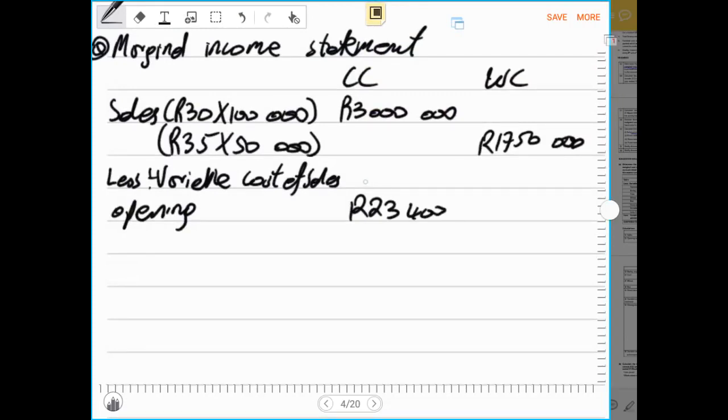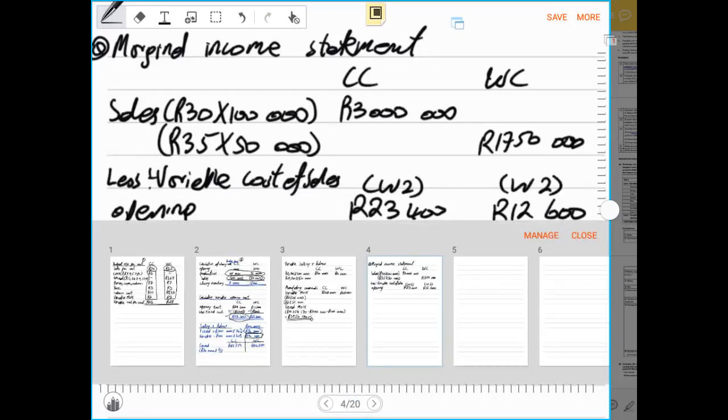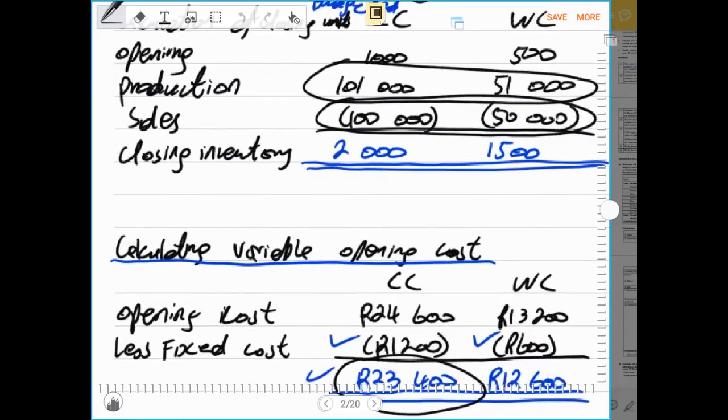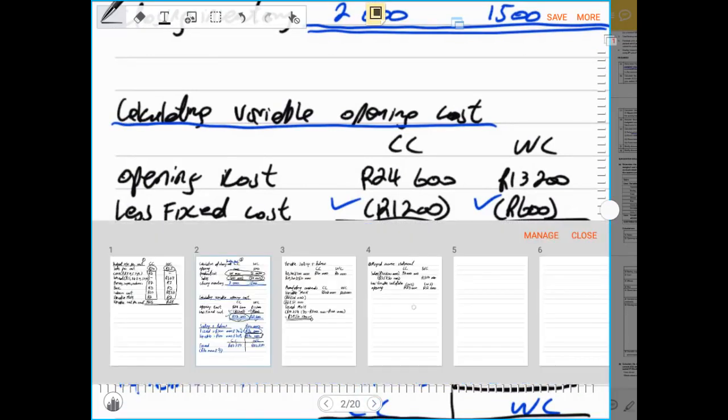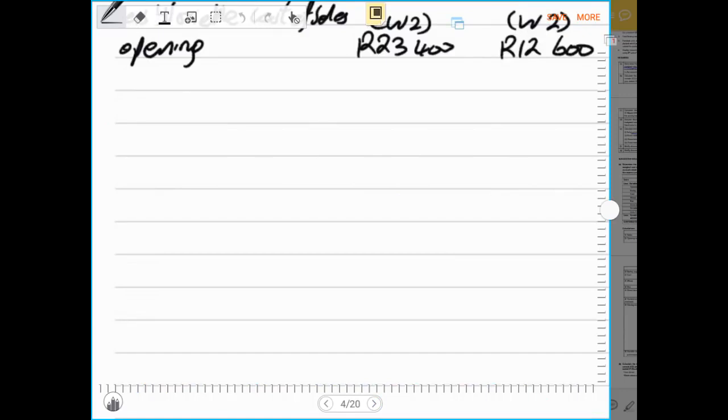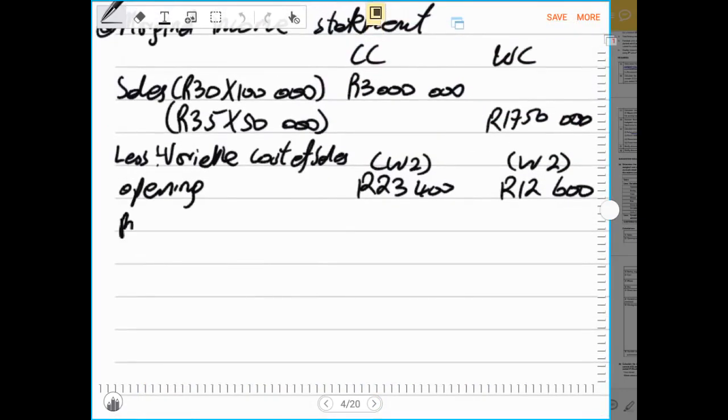23,400, then I have to inform the examiner that this is working 2. And here I had 12,600, which is working 2. They have to go and look at working 2, and they will see that the figures are really from working 2. And there we have 23,400 and 12,600 of the opening variable inventory or variable cost. Then after, I say minus production, and now that I have my cost per unit, I can just say open brackets 26 rand.